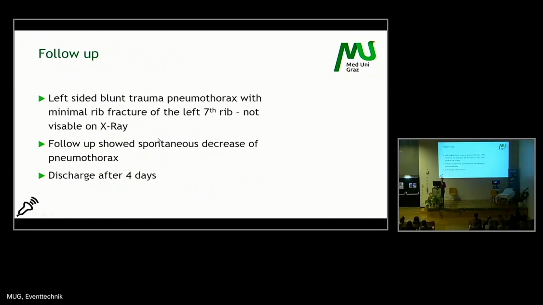So ultrasound, in addition to being a great way to treat an emergency room patient, is always quite a nice modality to look for rib fractures. The patient was followed up and showed after 3 days no signs of pneumothorax anymore, so she was discharged.